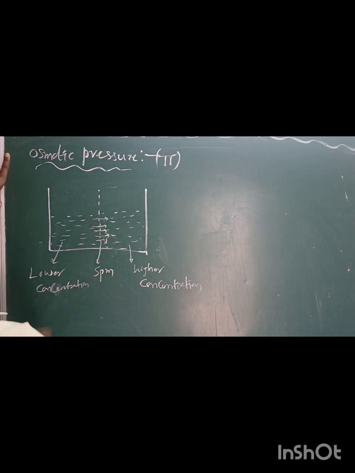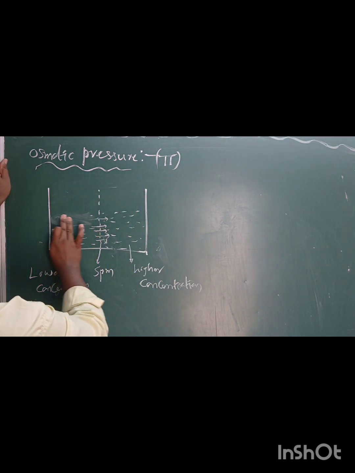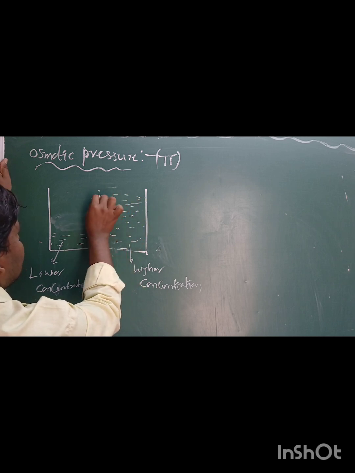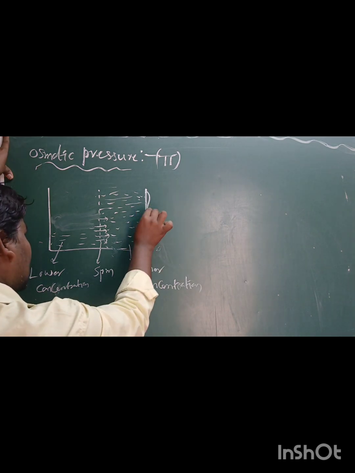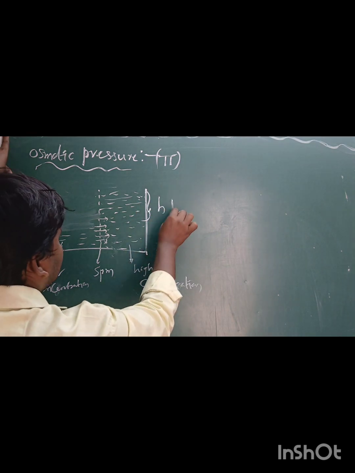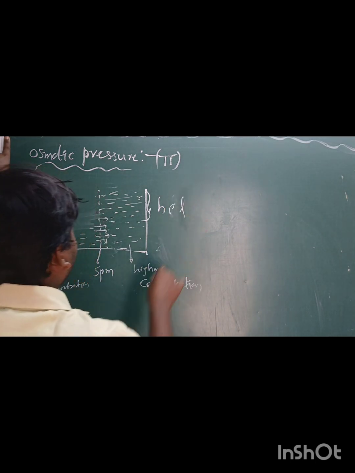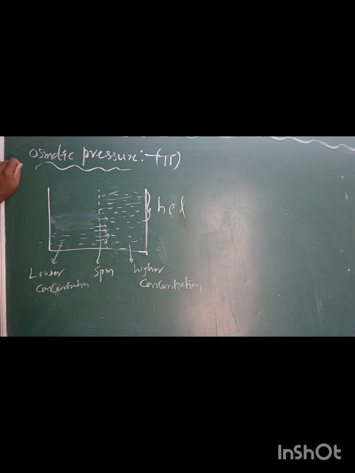What happened? The solvent molecules always move from lower concentration into higher concentration through the semi-permeable membrane. Like this, the level of the lower concentration solution decreases. The level of the higher concentration solution increases. You can observe here, this is H rho G. Means the level of the high concentration solution is increasing.